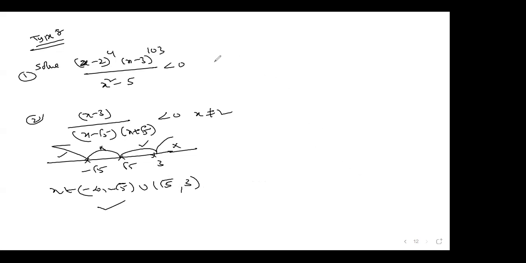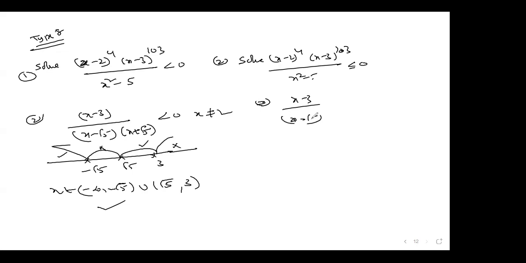That same question I will take. See this. Same. x minus 2 to the power of 4, x minus 3 to the power of 103. See the difference now. x square minus 5, if it is less than or equal to 0, right? Then you have to be careful. What do you have to write here? x minus 3 by x minus root 5, x plus root 5, less than or equal to 0. x is equal to 2 is also accepted.